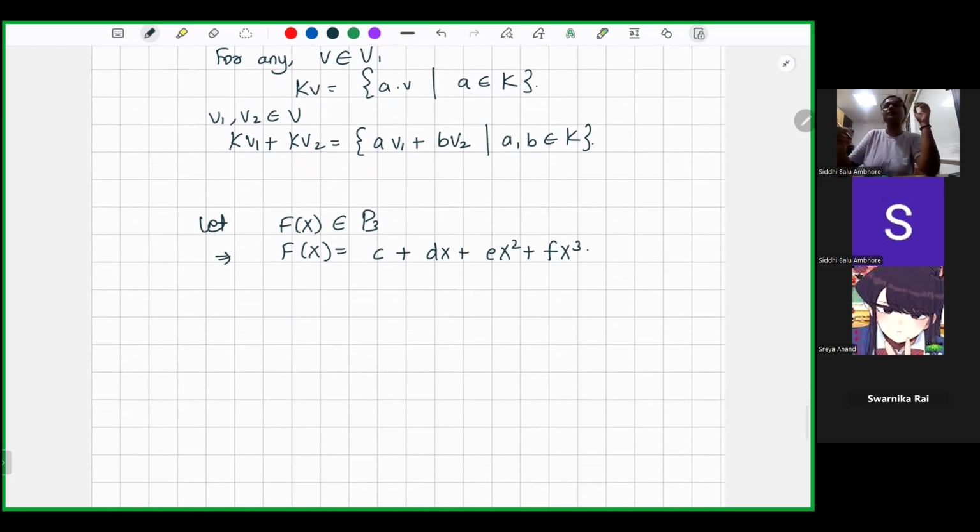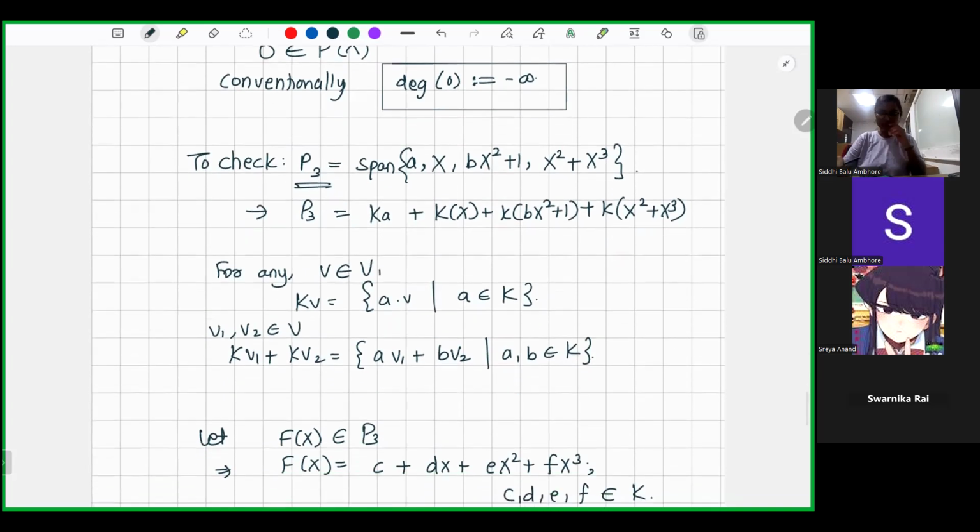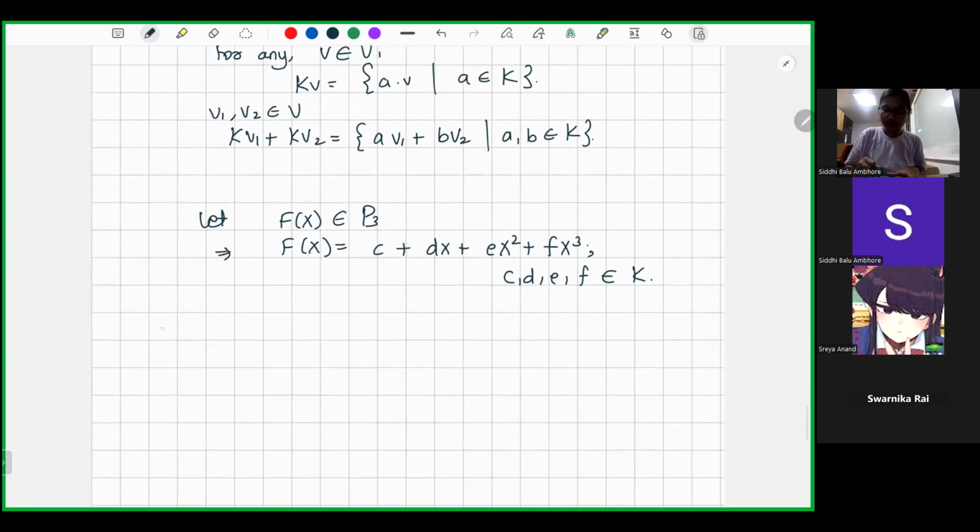This is how some polynomial of degree at most 3 looks, where c, d, e, f belong to my K. The coefficients are coming from K. We are ignoring the K in P3 because we know from which field the coefficients are coming. And now I want to check whether, okay, I anyway have to use the index now. So c plus d x plus e x square plus f x cube.